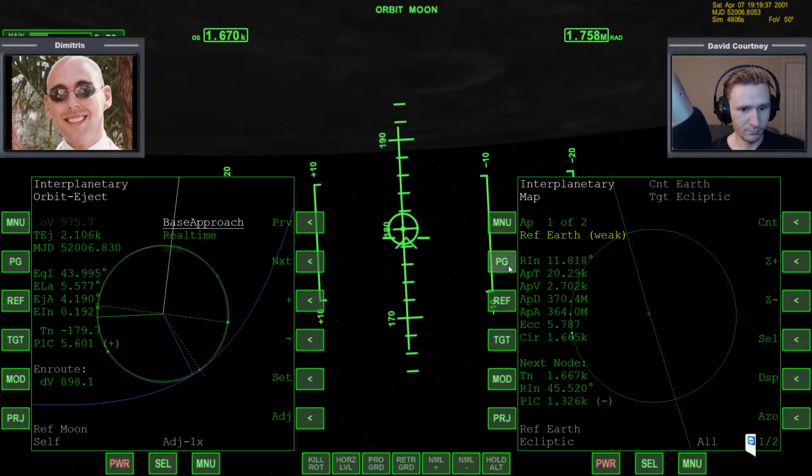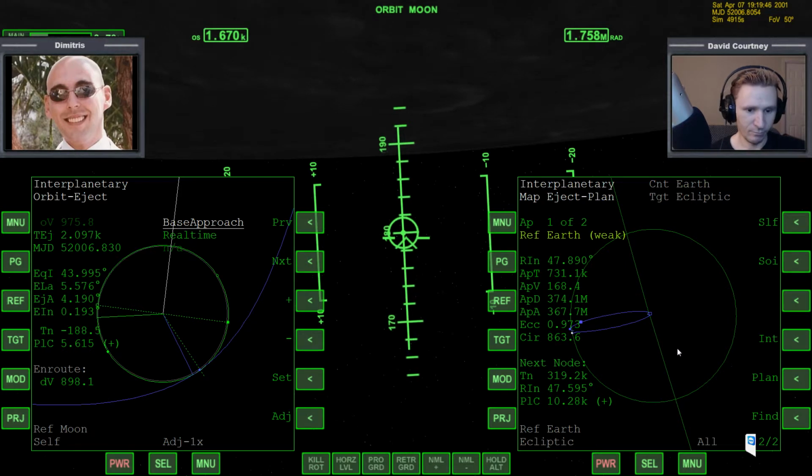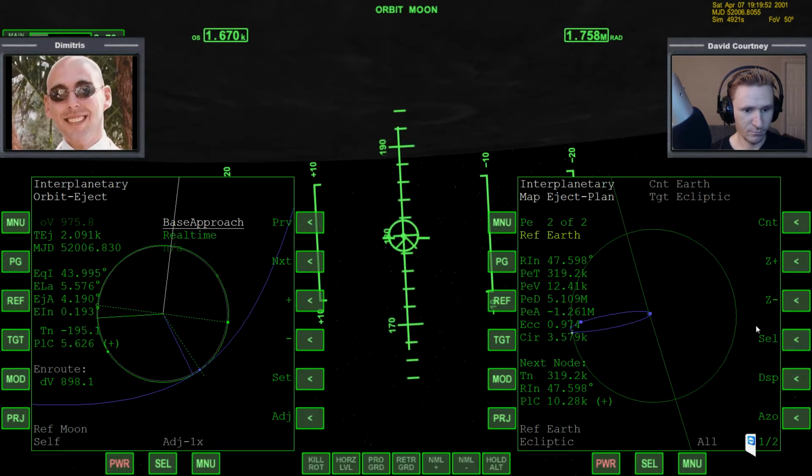Page and the plan. This is just to show where it would take us if we made the burn right now, and you can press cell on the other page, so we can look at the parameters of the periapsis and not the apoapsis that we're seeing right now.